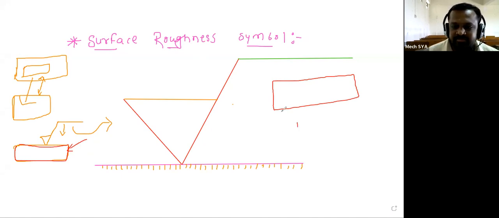Direction of lay is nothing but it will show the direction of irregularities.